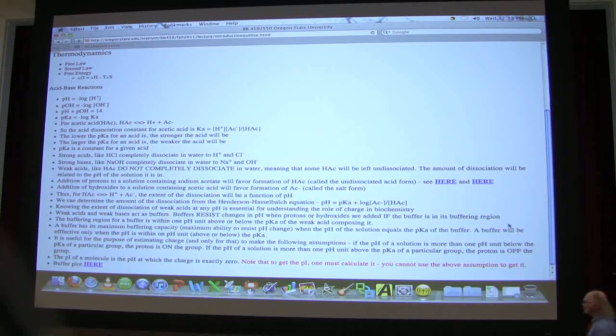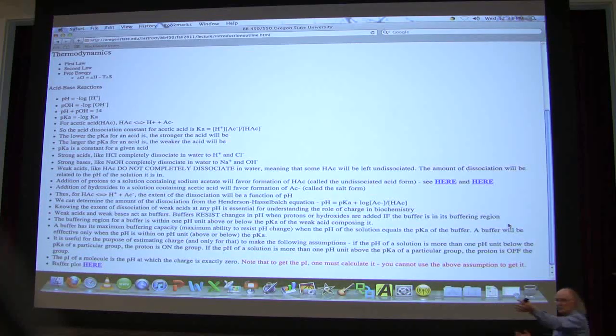If I told you I have a buffer that is 0.1 molar, the first thing that should pop into your head is salt plus acid equals 0.1 molar. Because when I have a buffer, I have to have both of those. I have to have salt and I have to have acid. Now, the actual amounts of those you may have to calculate. But when I say buffer, salt plus acid equals the total amount of buffer. In this case it was 0.1, but it could be anything I make up.